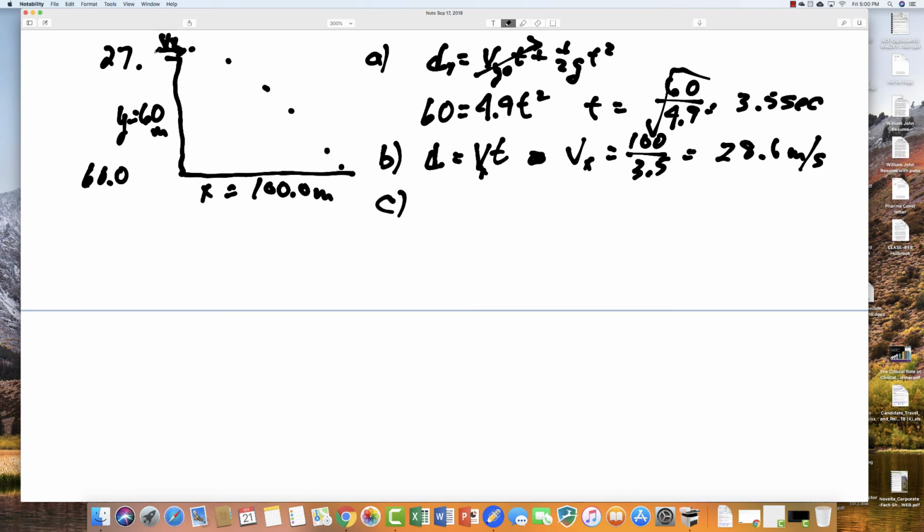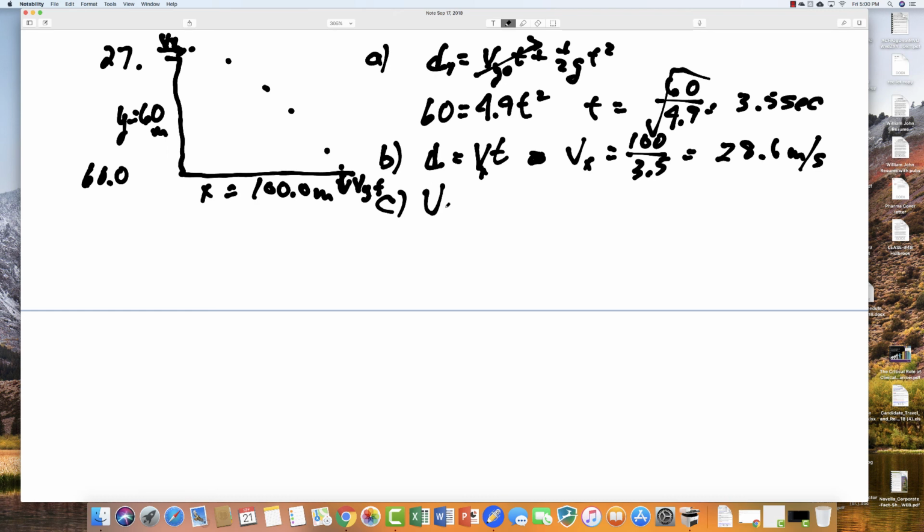Now the reason that this is so simple is there's no force acting on this horizontal component, only on the vertical component. Gravity has no effect on the horizontal or X component. And then the last question, C, says, what is the vertical component of velocity just before it hits the ground? So when it gets here, what is the Vy final?